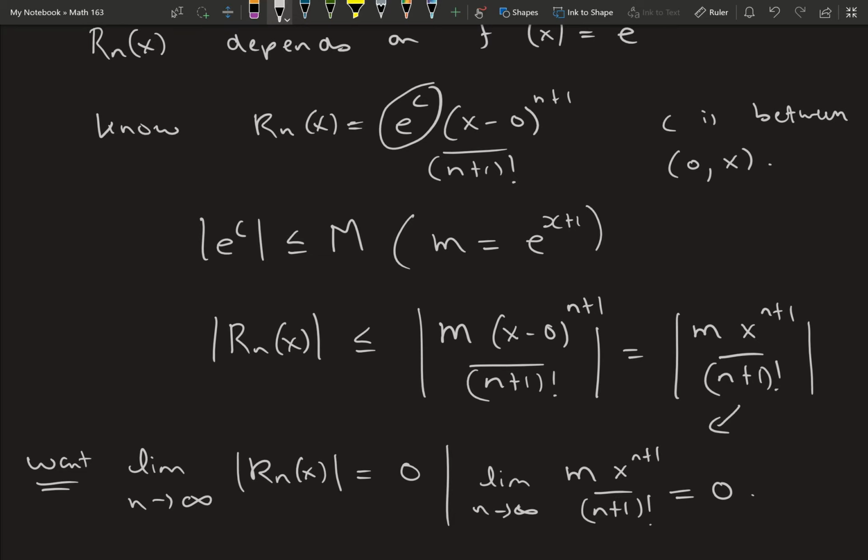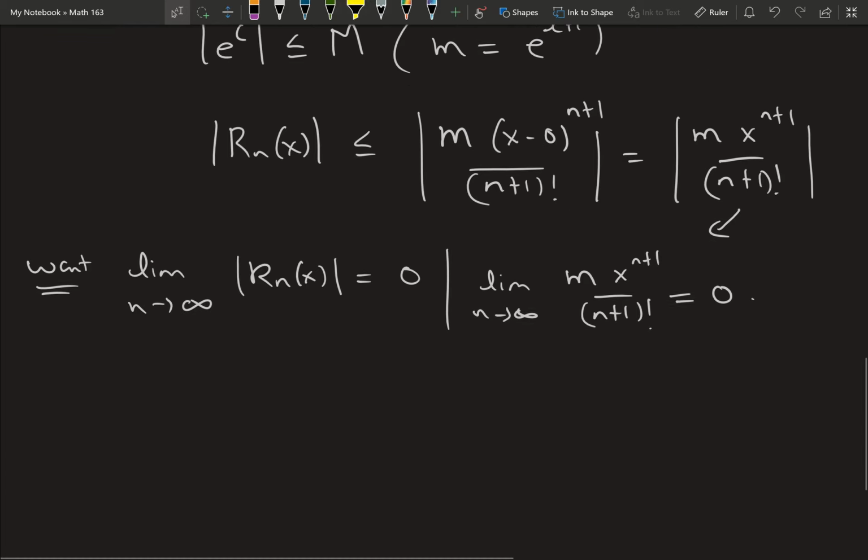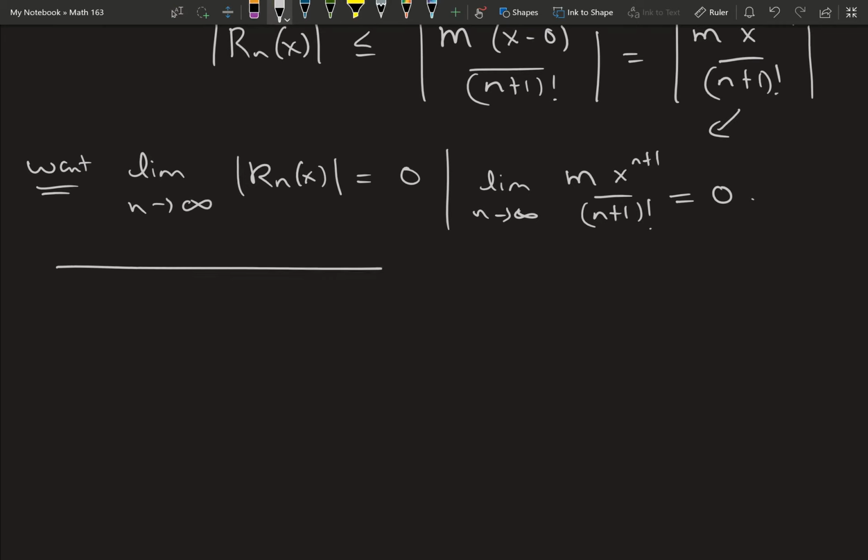So I know that was kind of a lot, but this is how you formally show that the Taylor series actually does converge to the function. So in conclusion here, we have that e to the x is actually equal to the sum of x to the n over n factorial for all x.